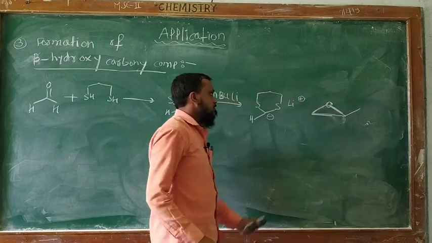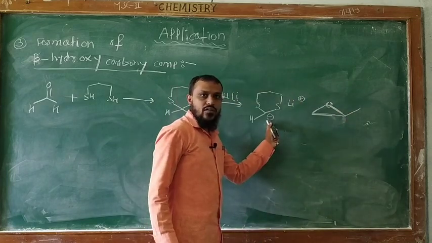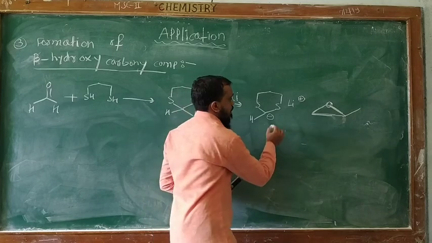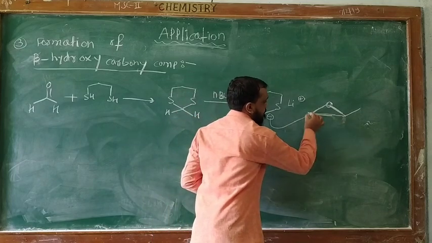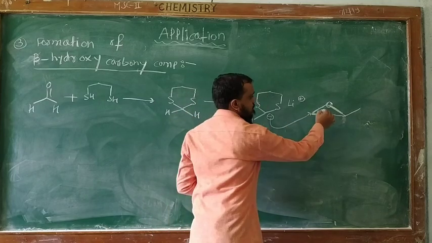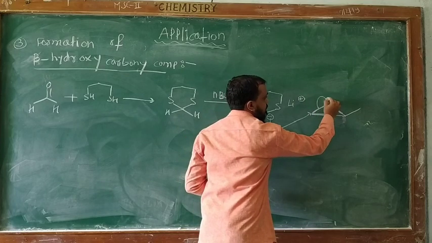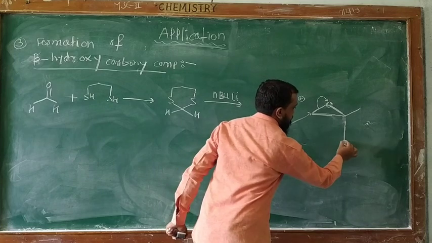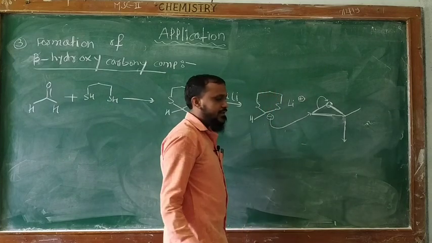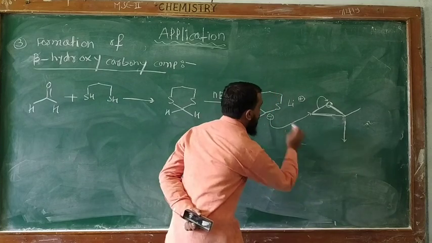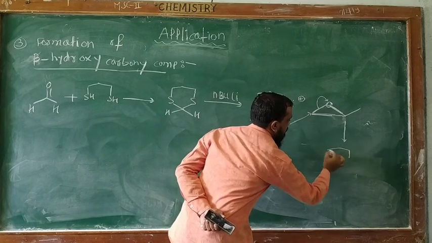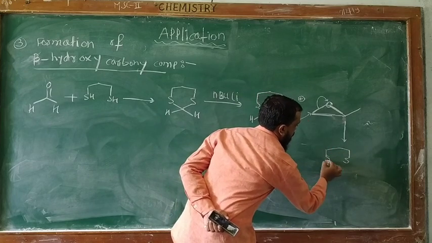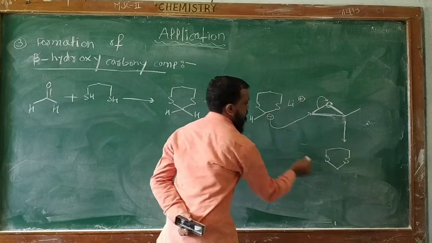Okay, so the negatively charged carbanion of lithiated salt attacks this carbon atom, due to which these bonds shift toward the oxygen. Okay, and we will get this type of intermediate. Now look here. Okay, here one proton is present.